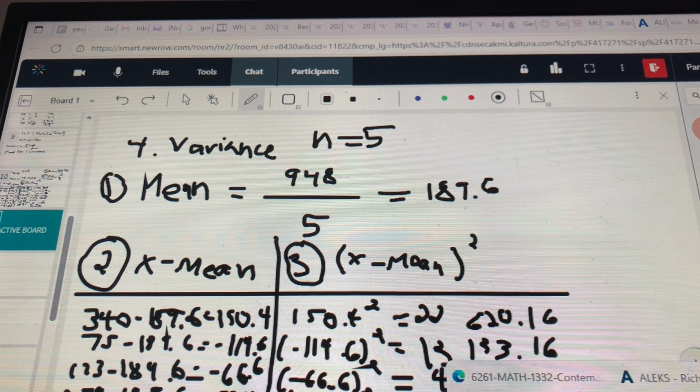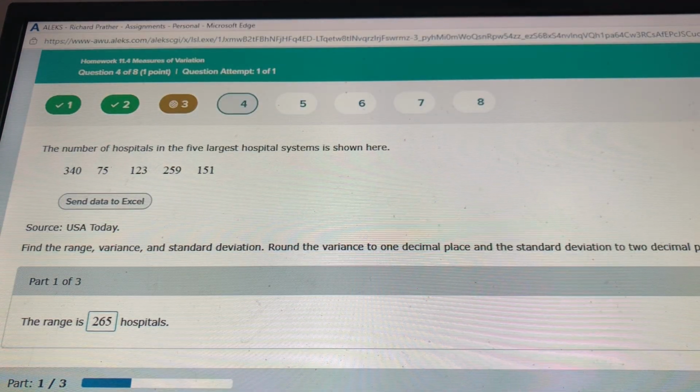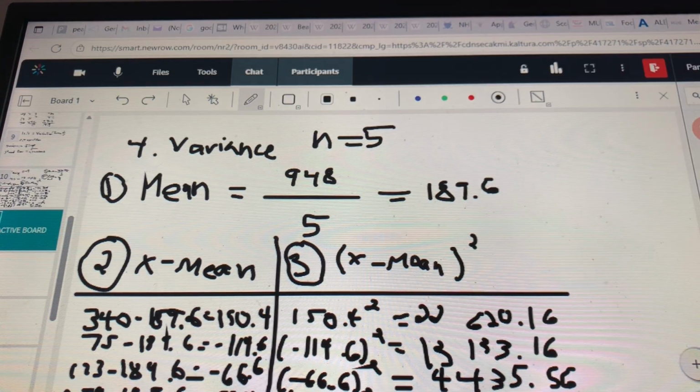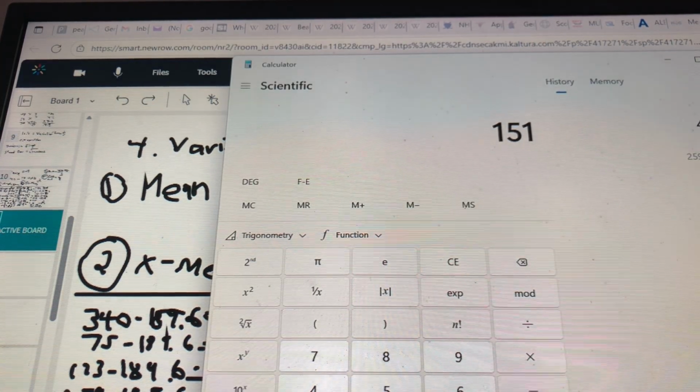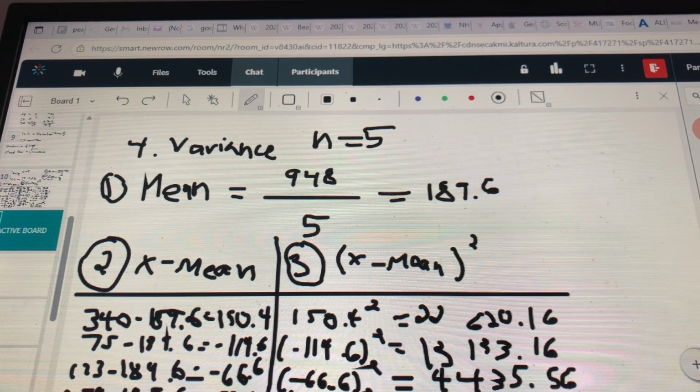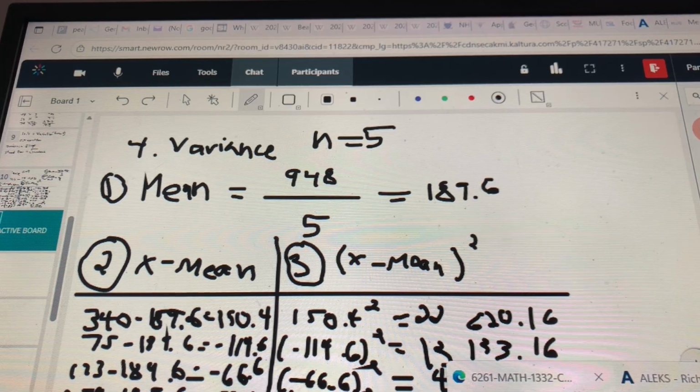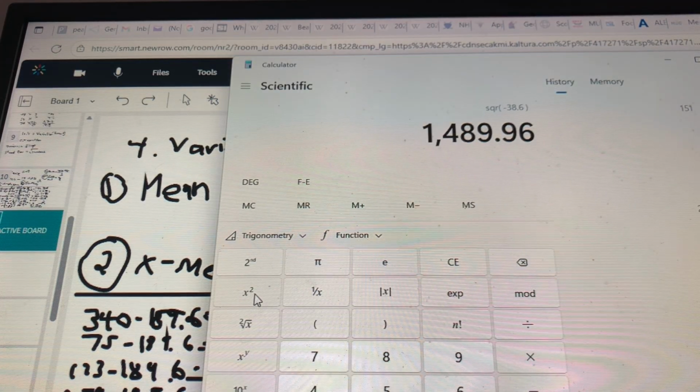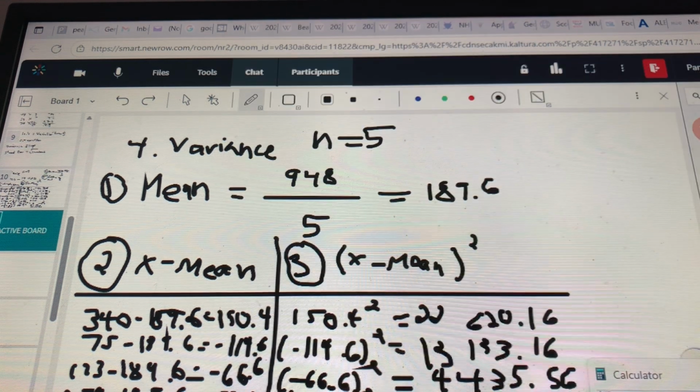Okay, last one is 151. 151 minus this 189.6, negative 38.6. Square that. 1489.96.